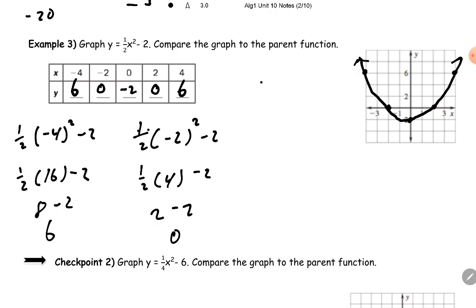Wider graph means it vertically shrinks. So if you ever have to tell someone they're fat, I guess you could say they're vertically shrinking. Or I guess that's one way to look at it. They are vertically shrunk.